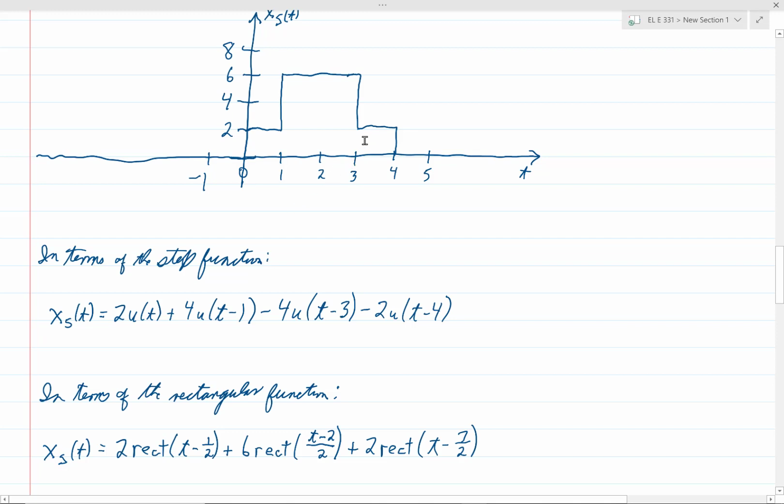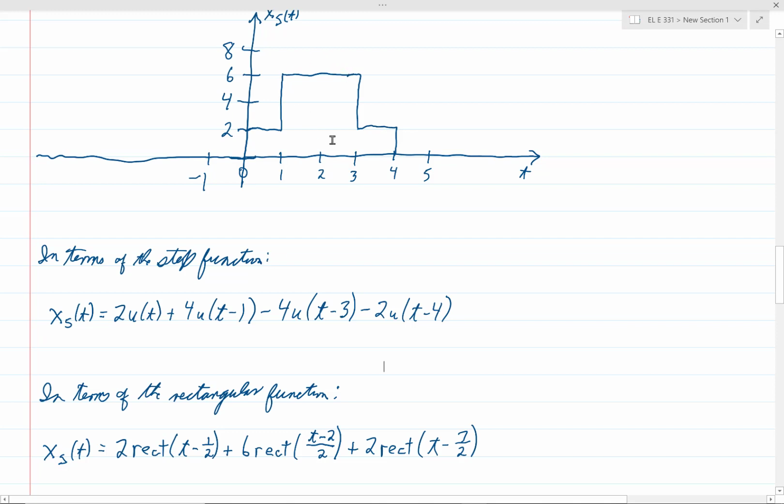Now likewise, if we jump over to this last part, because it also has a width of 1, there we have 2 times the rectangular function of t minus 7/2. 7/2 because 7/2 is 3.5, and once again multiplied by 2 because the height is 2. So I think that's clear.